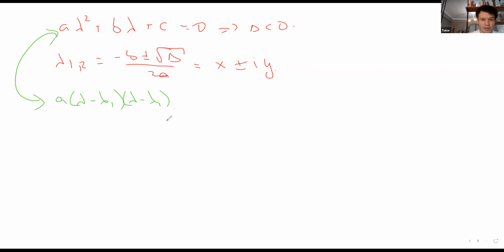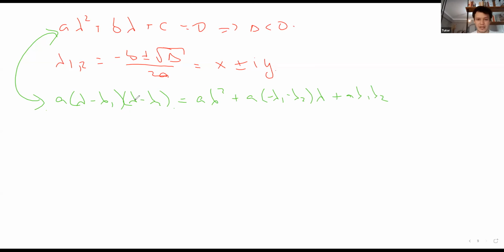But if you open up the parentheses, what are you going to get? You're going to get a, and inside you're going to get lambda squared, plus a times minus lambda1 minus lambda2 times lambda, and also plus a lambda1 lambda2.